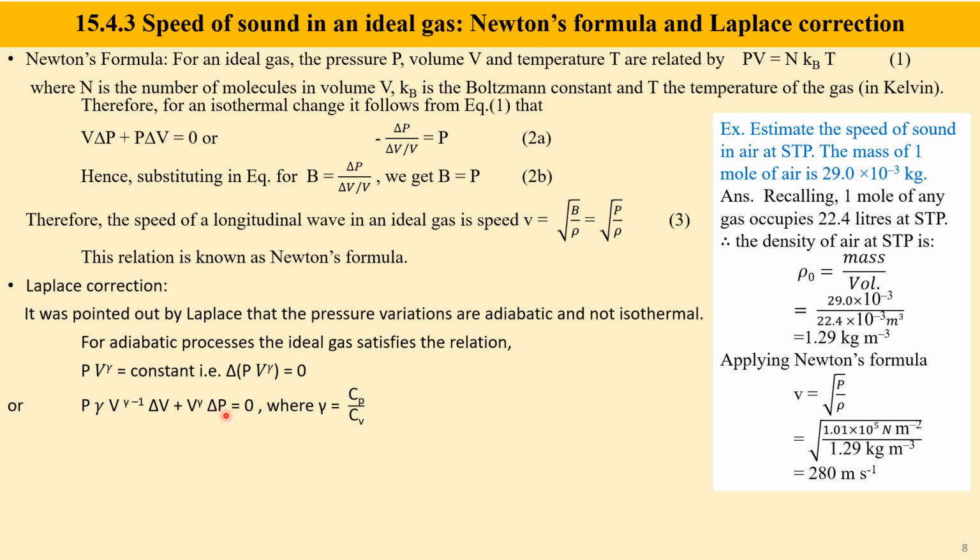Here gamma is given by the relation Cp by Cv, where Cp is the specific heat at constant pressure and Cv is the specific heat at constant volume.